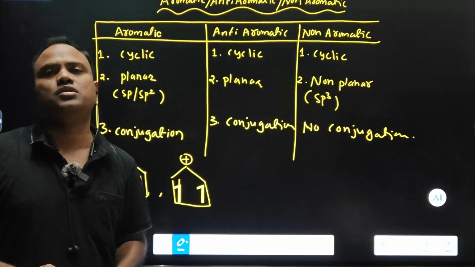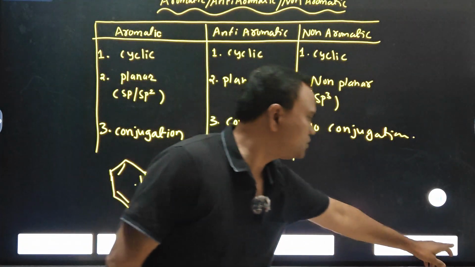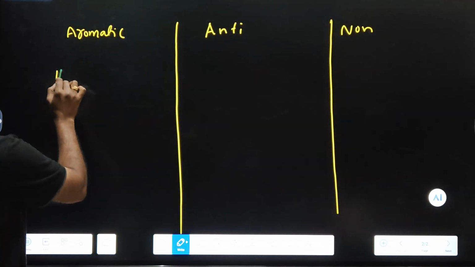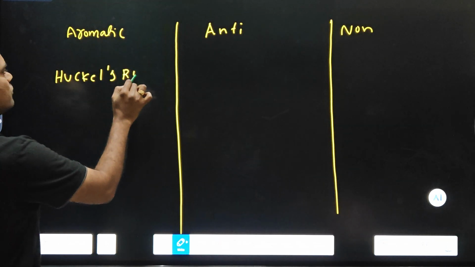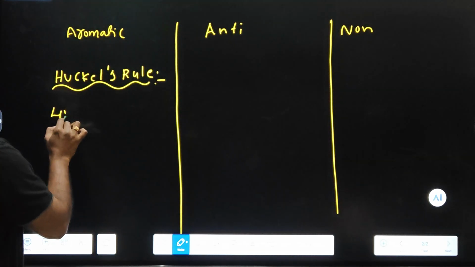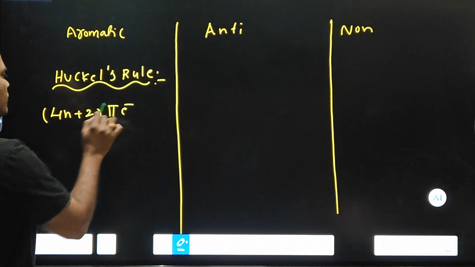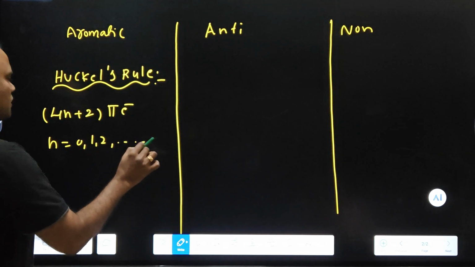By using Huckel's rule, the 4n plus 2 pi electron rule. The next point: the compound should satisfy Huckel's rule. The 4n plus 2 pi electron rule is called Huckel's rule, where n is equal to 0, 1, 2, 3 and so on.